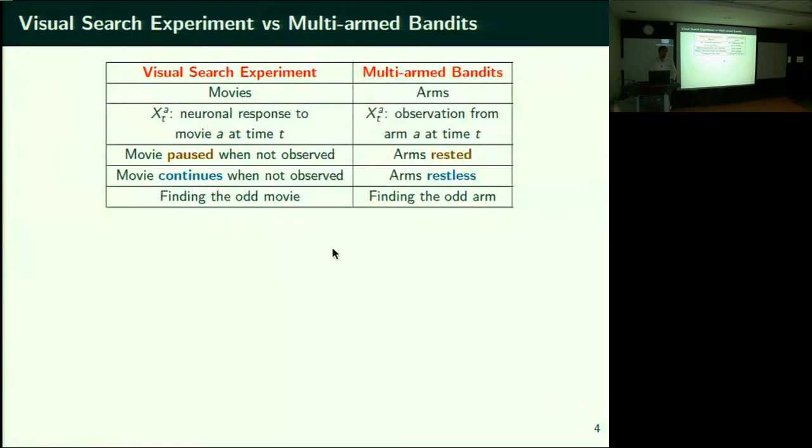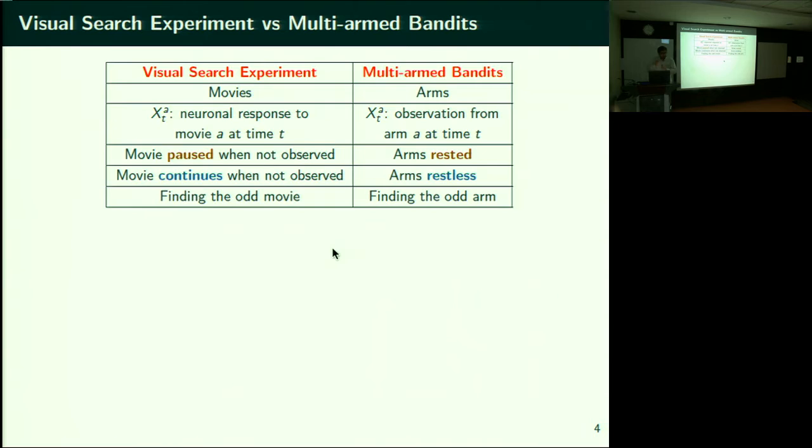Now there can be two possibilities. When you can look at only one movie at any given time, what is happening to the other movies? Either those movies can be paused until you come back and play them again, or those movies can continue to keep changing. If you choose to pause the movie and shift your location elsewhere, then whenever you come back, you play that movie for one time instant, and pause again.